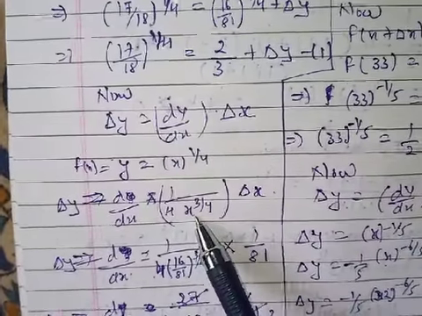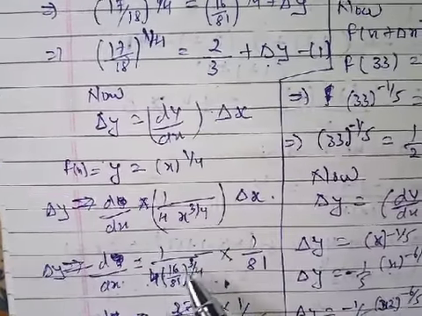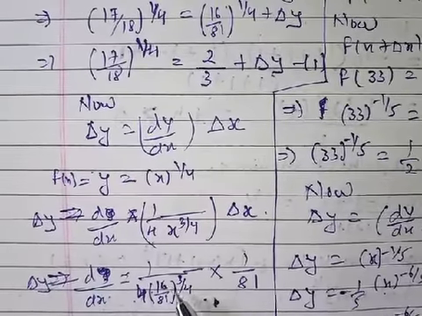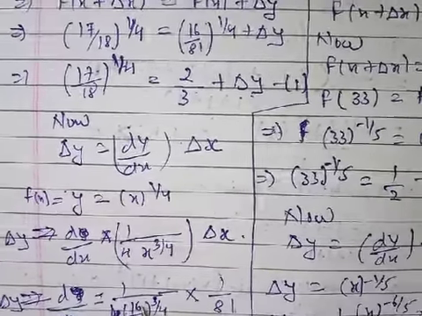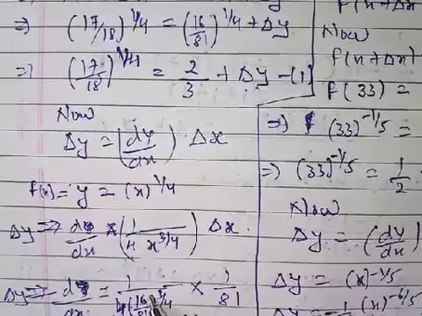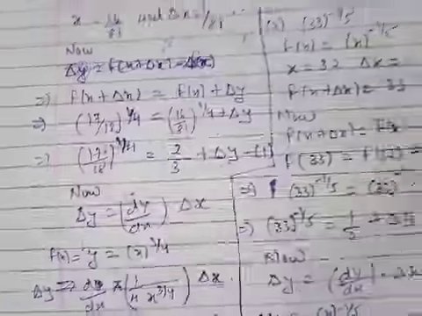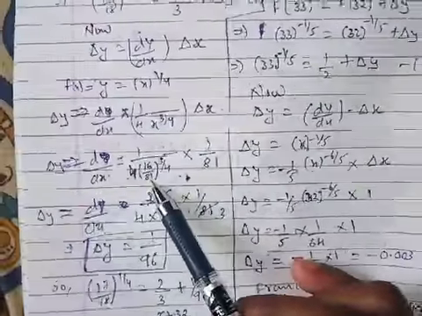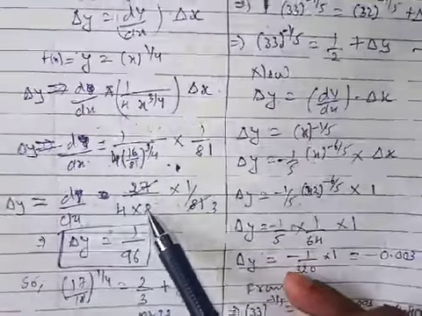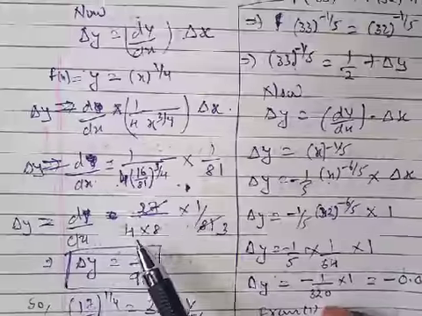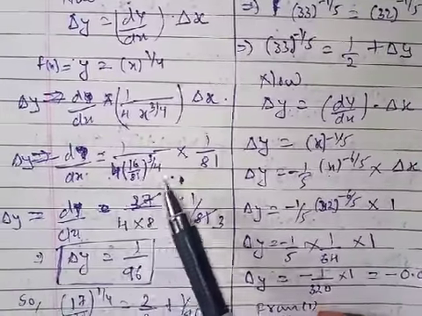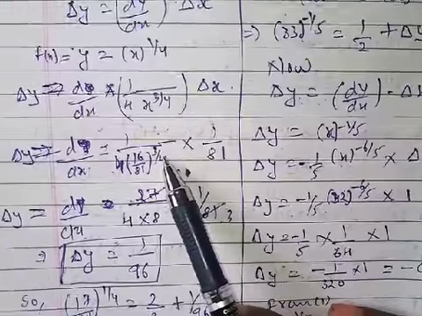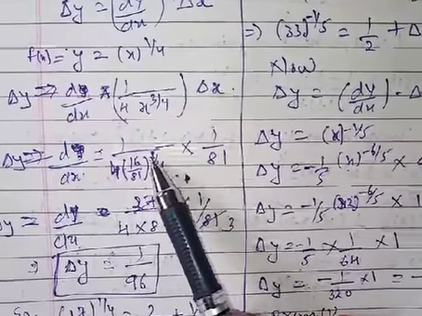If we take the 1 by 4th root of 16 by 81, it will come out as 2 by 3. Raised to 3, that is 27 in the numerator... 2 raised to 3 means 8 in the denominator.